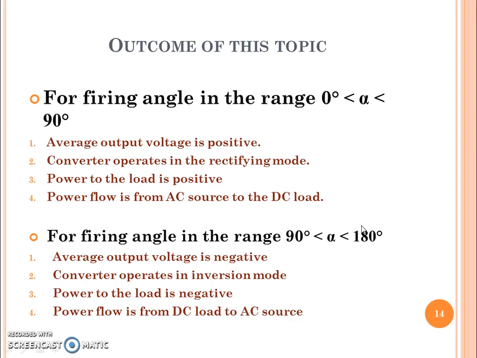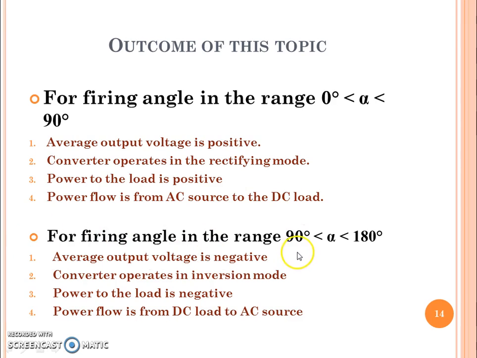Whenever any kind of controlled rectifier circuit is operated with the firing angle in the range 0 degrees to 90 degrees, this is the outcome: the average output voltage is positive, the converter always operates in rectifying mode, and the power is always positive, so the power flow is from the AC source to the DC load.